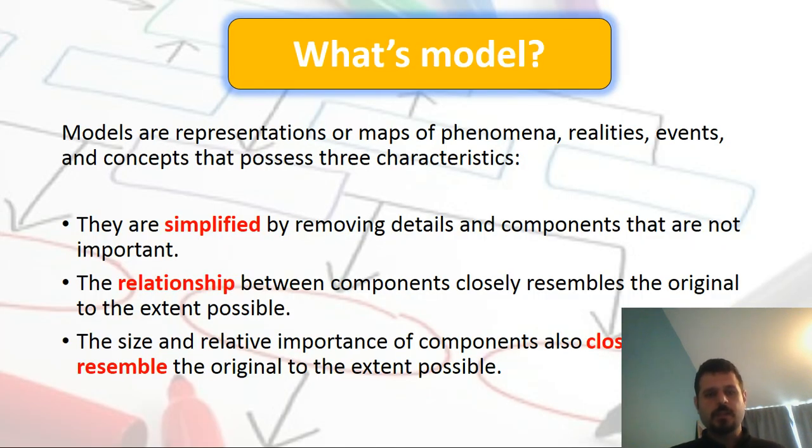But what's a model? A model is a representation of maps of phenomena, realities, events, and concepts. Everything that happens around us and we are doing should be illustrated in the process model.